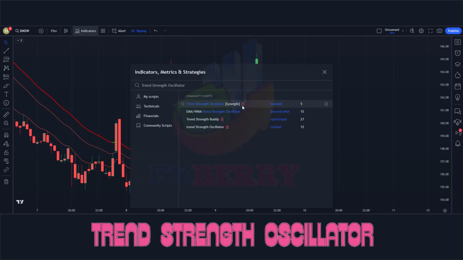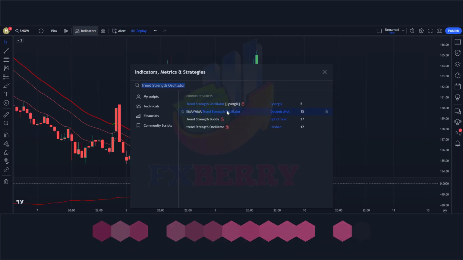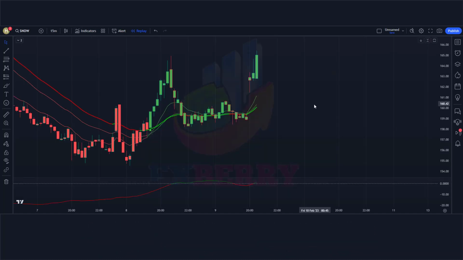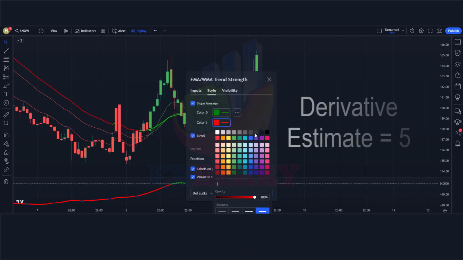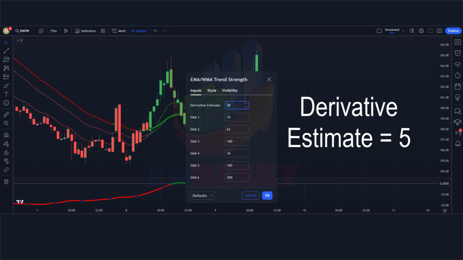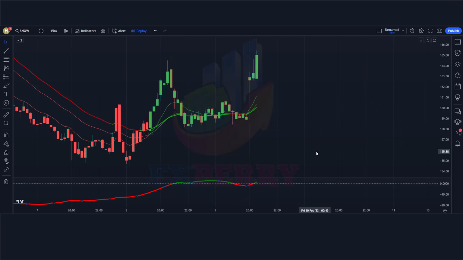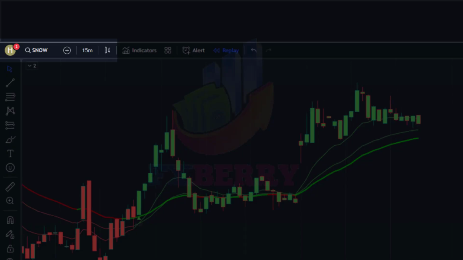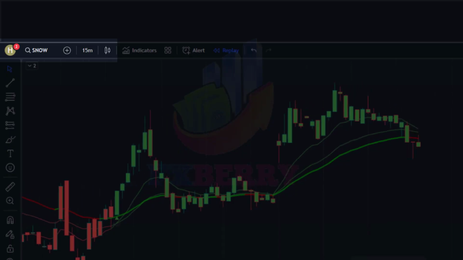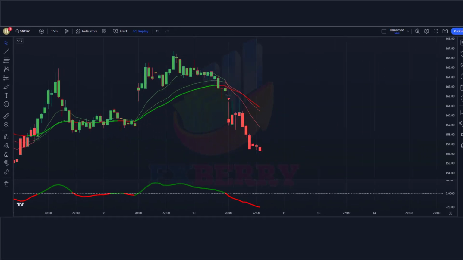Third indicator name is trend strength oscillator. Keep the indicators setting as I have shown here. Setup is ready. We are going to test this strategy on 15 minutes time frame in snowflake chart.